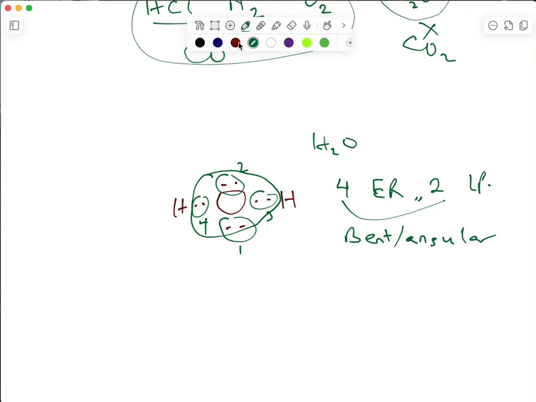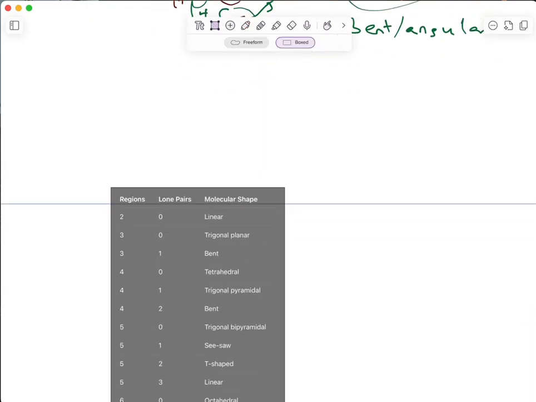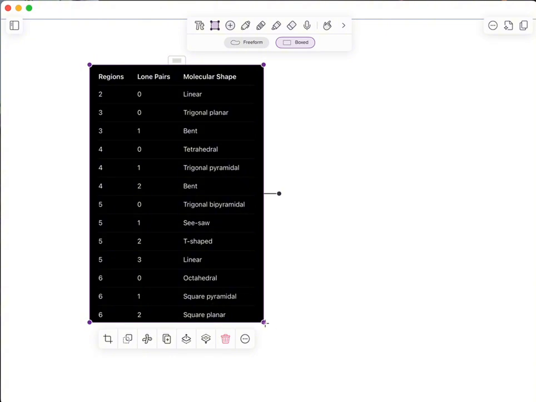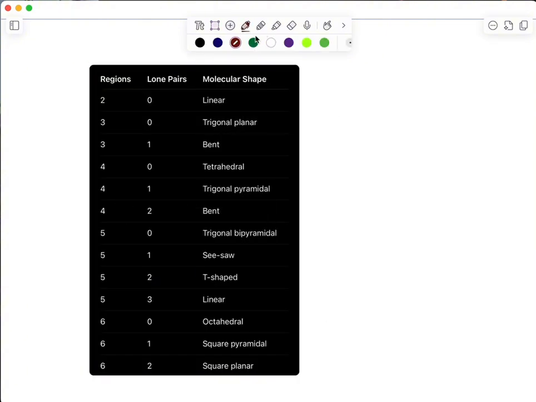So I want to give you a kind of list of what you actually need to know. Let me just put it here. Yeah, so there you go. If you have 2 electron regions and 0 lone pair, it's linear.